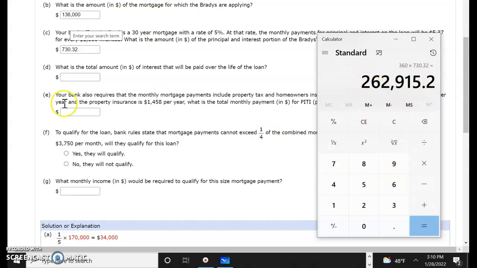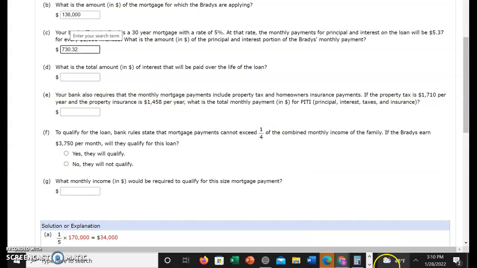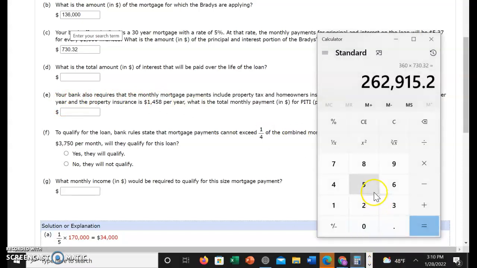So to figure out how much total interest we paid, let's think about what we borrowed. We borrowed $136,000. So that is the principal, and we need to subtract that out, because that is not interest.